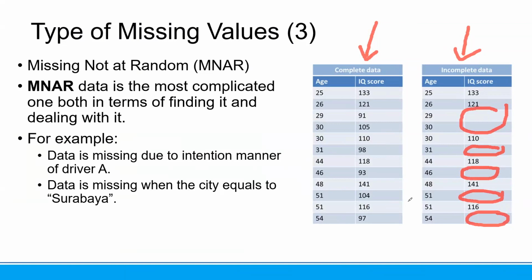Okay, good. The IQ score is missing when the IQ score is less than 110 or 105. So maybe the persons who have a low IQ score do not want to share the IQ score. So this kind of missing value is somehow a little bit complicated to find. And if you can figure out the patterns, it will be easier for you to handle these missing values.